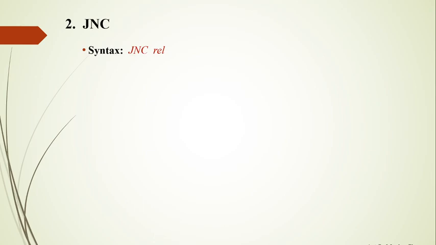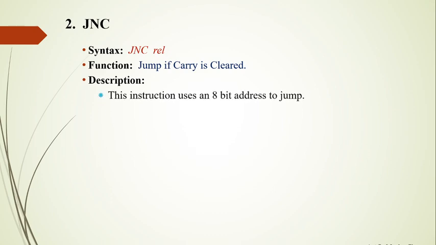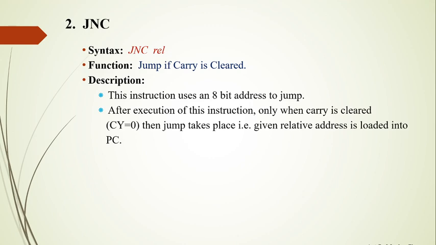JNC. Again here a relative 8-bit address is given. The function is jump if carry is clear, that means no carry. This instruction uses an 8-bit address to jump. After execution of this instruction, only when the carry is clear, that means carry is 0, the jump takes place to the given relative address.